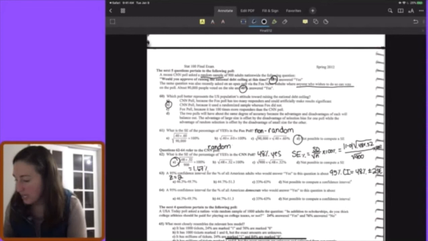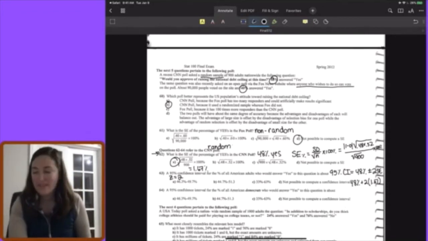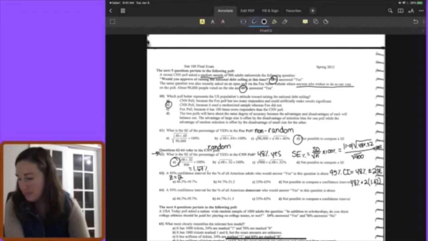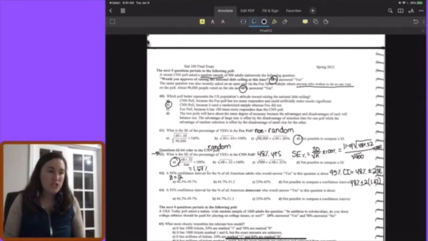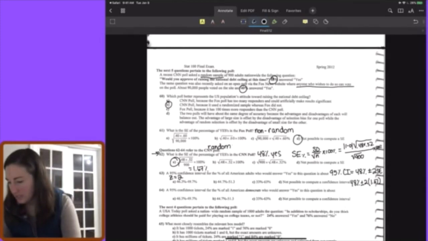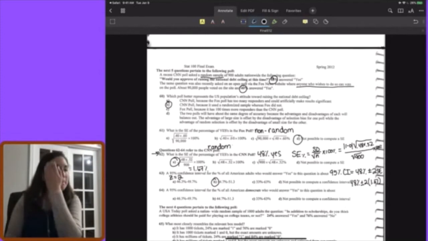But let's see, so 48% plus or minus 2 times my standard error, which was 1.67 if I actually solved question 62. And that ends up giving me, let's see, which one is this one? One of these. It's either A or B. I think it's B. Yeah.